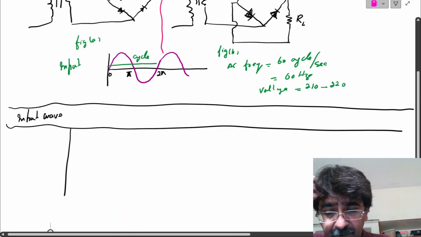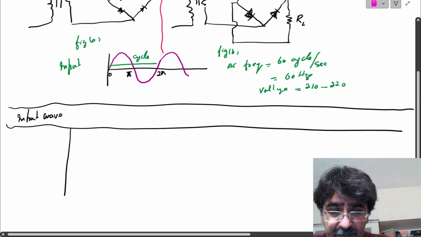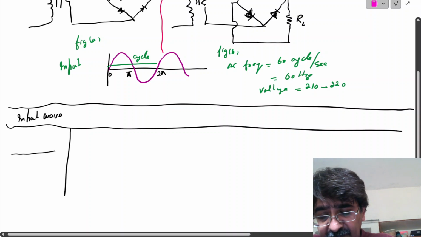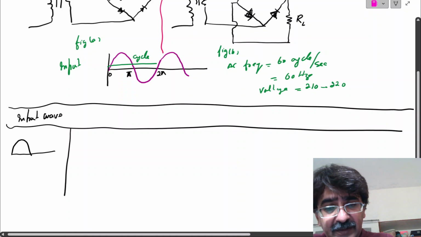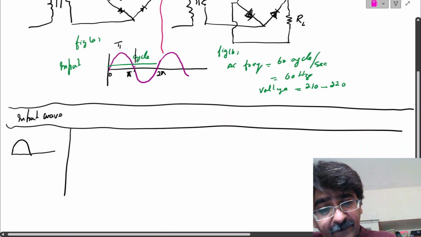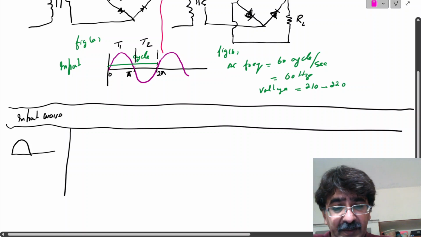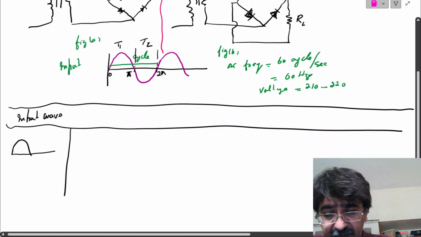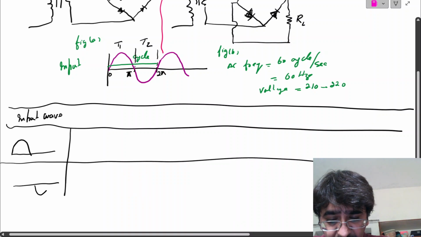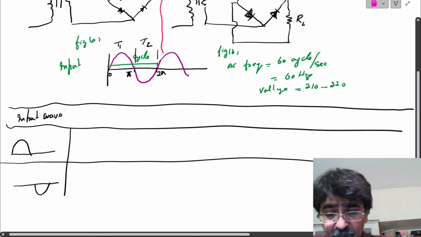This is the input AC wave. The input AC wave has two parts, T1 and T2. T1 is from 0 to pi, which is the positive part, and T2 is the negative part, from pi to 2 pi.